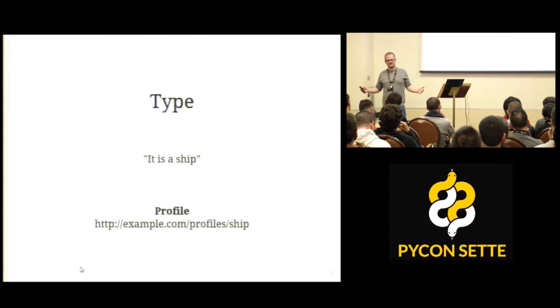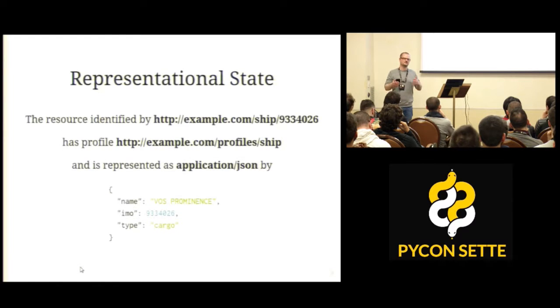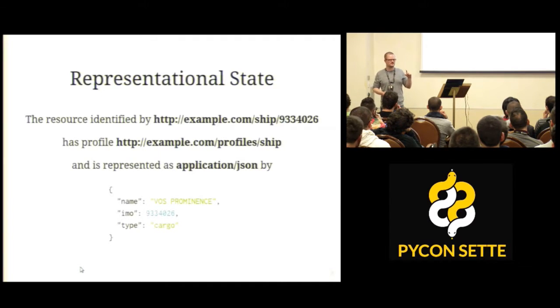Together, these three elements are the most important things to say about a resource. It's identified by a URI, it has a certain profile, it has a type, and it is represented in a certain form, in this case JSON, by this string that you see here.